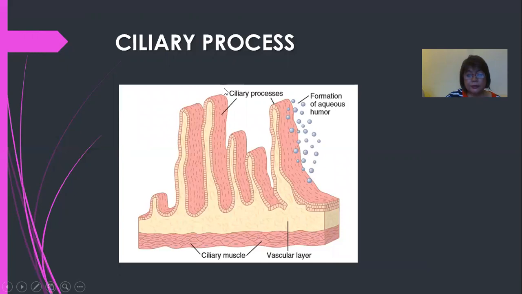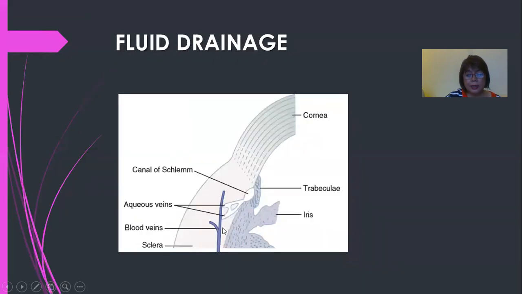Here the ciliary process produces aqueous humor. This aqueous humor, or fluid of the eye, passes through the pupil and is drained here in the canal of Schlemm and collected by aqueous veins, or the blood veins.